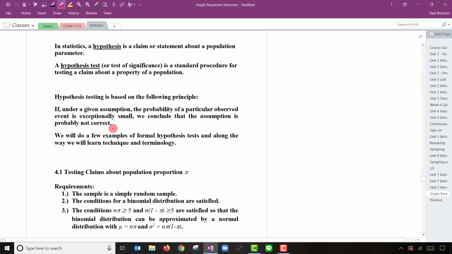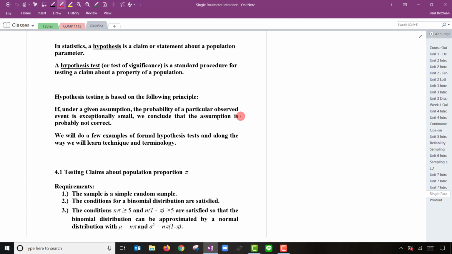If, under a given assumption, the probability of a particular observed event is exceptionally small, we can conclude that the assumption is probably not correct. We did this sort of decision making a few times when we were dealing with the t distribution and the z distribution. We made some decisions based on probability, and that's the underlying characteristic that we'll have in this hypothesis test.